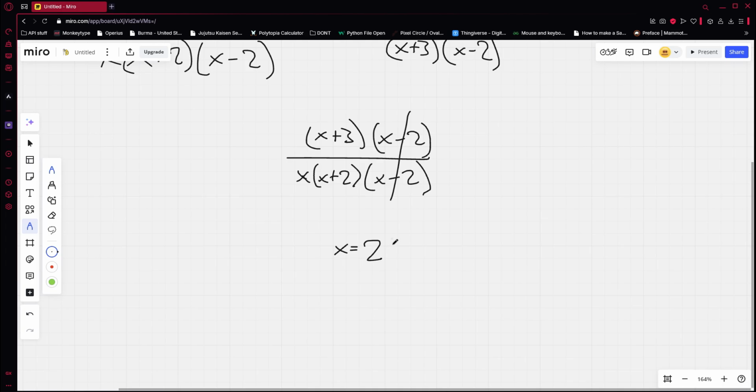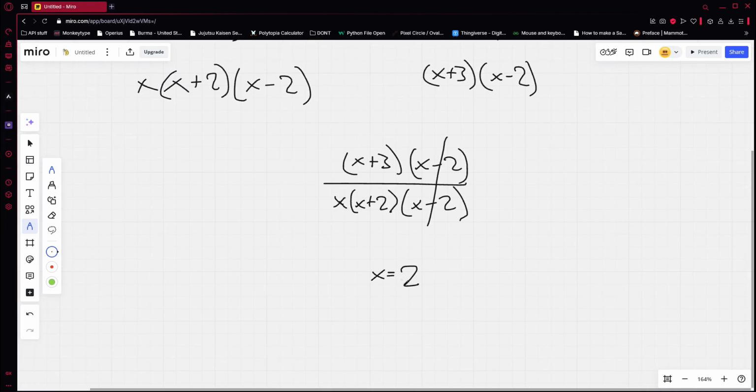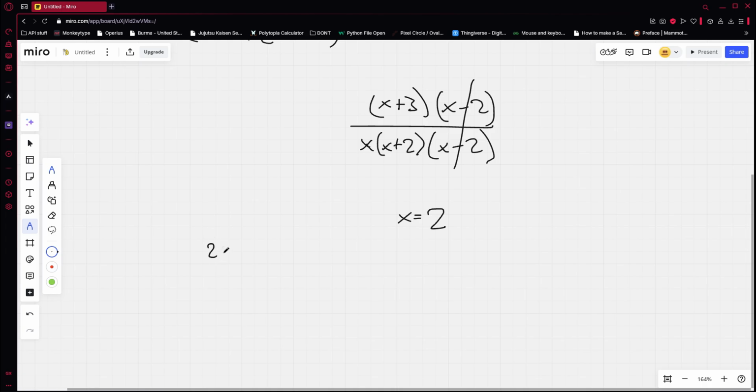But a lot of times they'll say, where is the point? Not just the x, where's the y? Well, all we need to do to find that is substitute 2, the number that we canceled out, into the remaining equation. So we have 2 plus 3 over 2 plus 2 times 2. This is 4, this is 8, and this is 5.